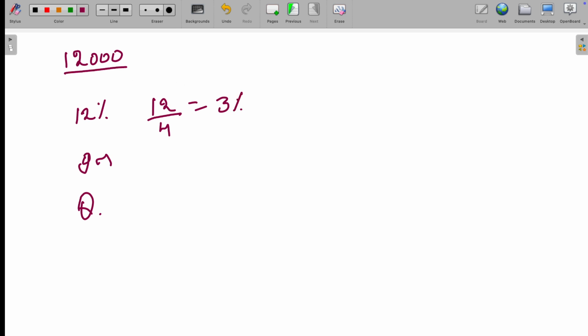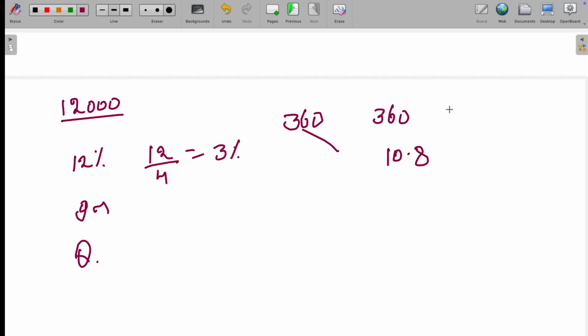Now we calculate 3% of this number. 3% of 12,000 means 360 for the first 3 months. For the second 3 months, 360, and 3% of this 360 is 10.8. Again for the third quarter, 360, 10.8, 10.8, and for this 3% means 0.324. Clear? So that will be your answer.